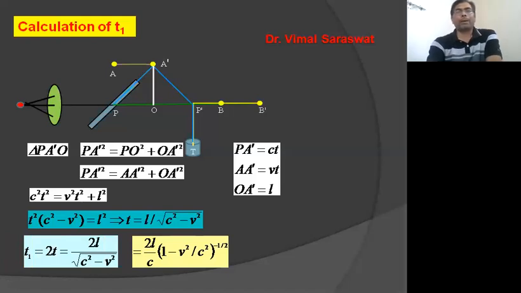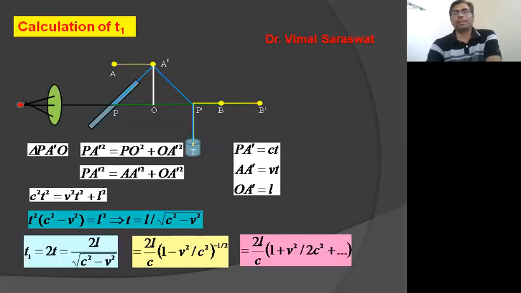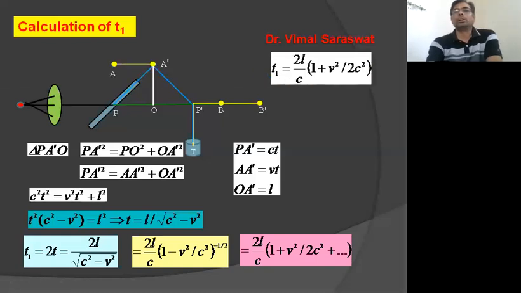And on applying binomial expansion, this will be 2L by c, (1 + v²/2c² + ...) and so on. But v is very much less than c, so we neglect higher order terms. So T1 is equal to 2L by c, (1 + v²/2c²).